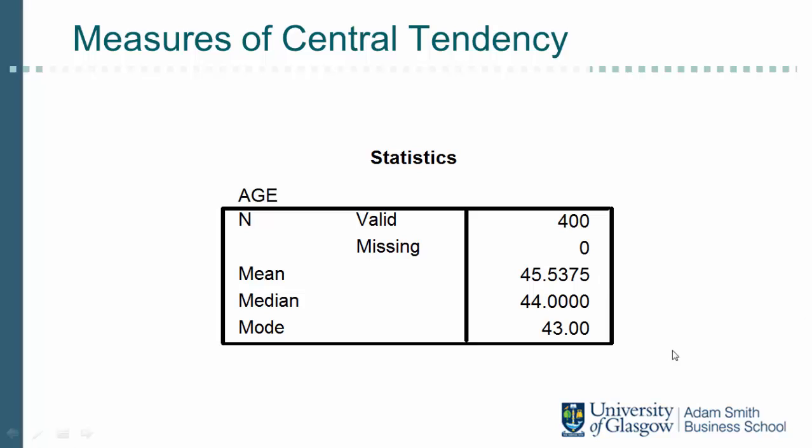The median is 44, meaning that if we arrange the respondents in order from the youngest to the oldest, at the 50th percentile, halfway through that queue, we will get somebody who is 44 years old. The mode is 43, meaning that of all the respondents' age groups, the group of the 43-year-olds was the largest.